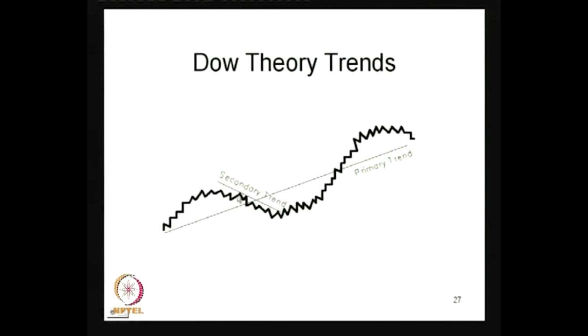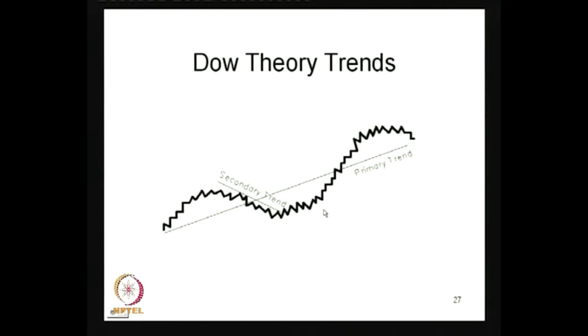But once you reduce your time period or time slot, we observe a secondary trend movement, and this is basically, according to Dow, the corrections happening, maybe nullifying somewhere in the primary trend. So, this is the trend that Dow explained in 1900.